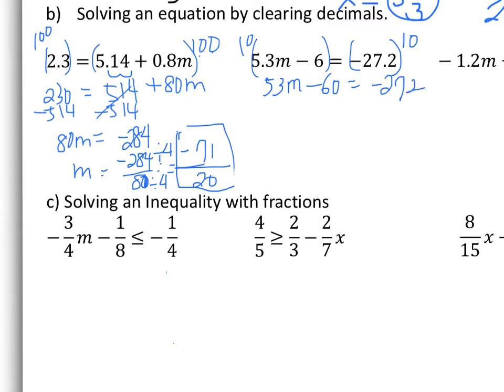And we add 60 to both sides. Bring down 53m. -272 plus 60 is -212. And then 53. Okay, -212 divided by 53 is just -4.